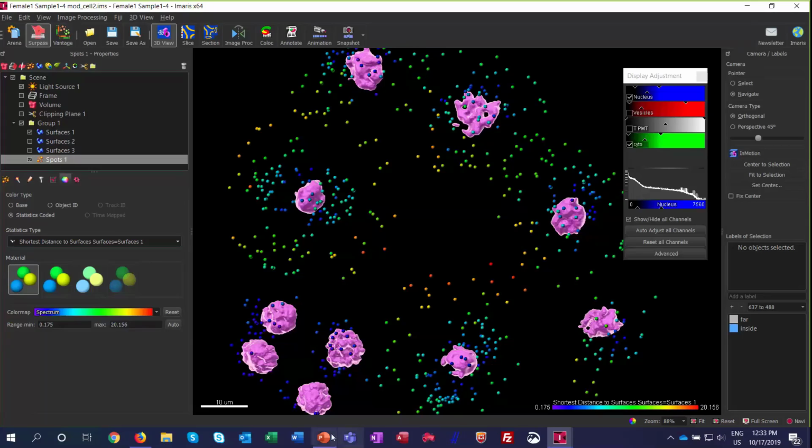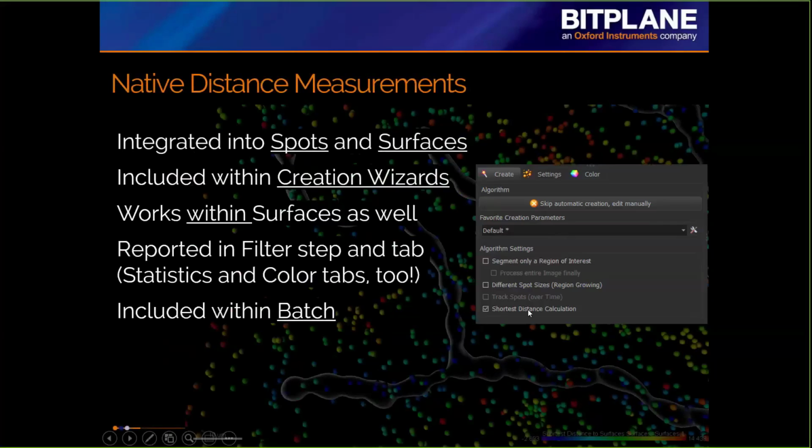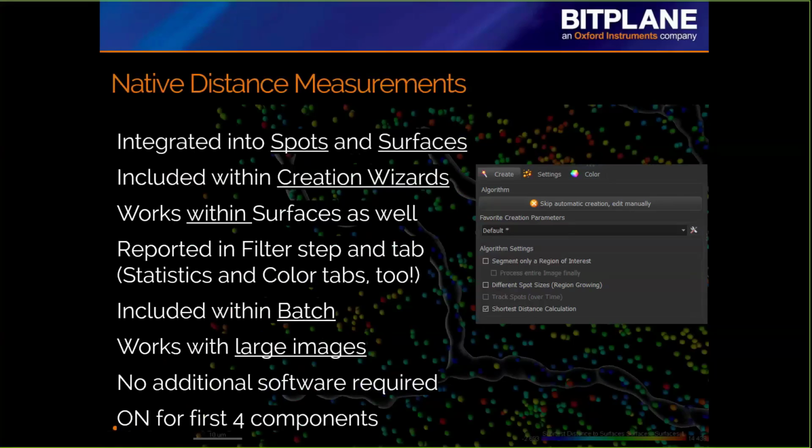So I had mentioned that it's also available with batch and with large images. So just for the sake of time, I'm not going to go over those two things in depth, but I do want everyone on the call to realize this and to try it out. You can also go to our website.